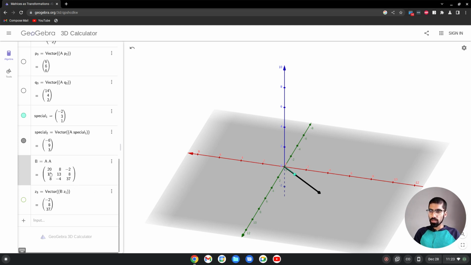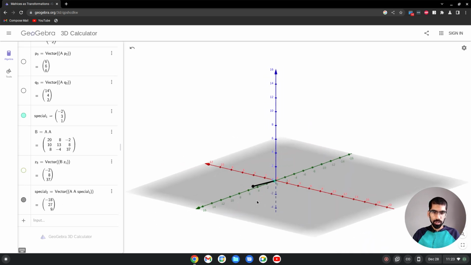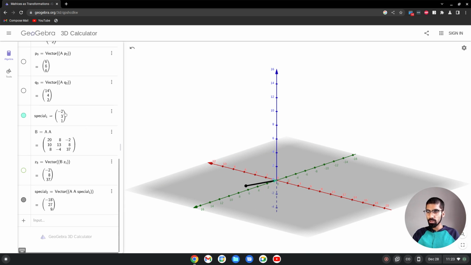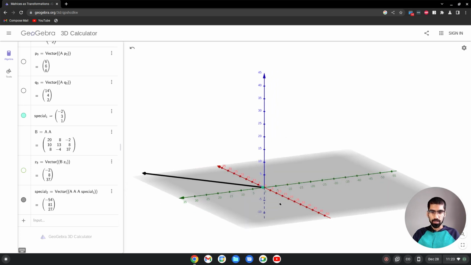If I try and multiply it twice, okay, still pointing in the same direction but bigger. Alright, how about 3 times? Still pointing in the same direction but bigger.